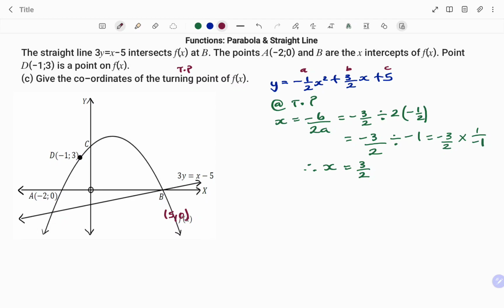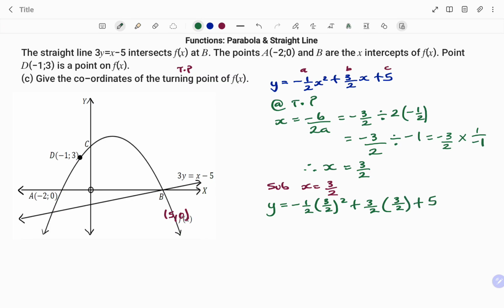Now, because I'm trying to look for the coordinate of the turning point, to find the y coordinate, I'm going to substitute x equals 3 over 2 into our equation. So therefore, we have y equals minus 1 over 2, I'm substituting for x as 3 over 2, all squared, plus 3 over 2, substituting for x again, 3 over 2, plus 5.